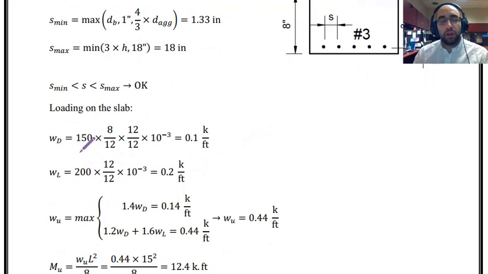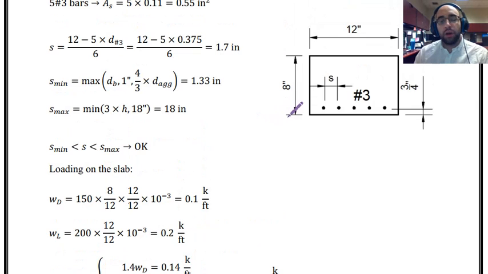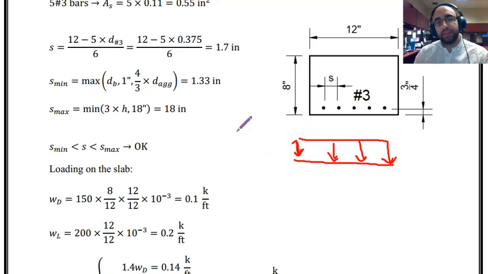That is 150 pounds per cubic foot, or PCF, which is the typical weight per volume of reinforced concrete. So 150 multiplied by 8 inches and 12 inches will be the linear load, or load per length, of the slab.